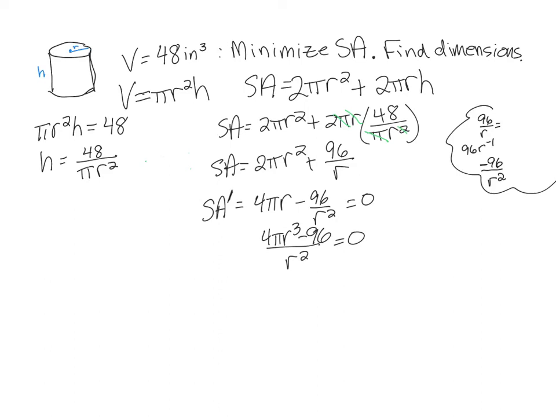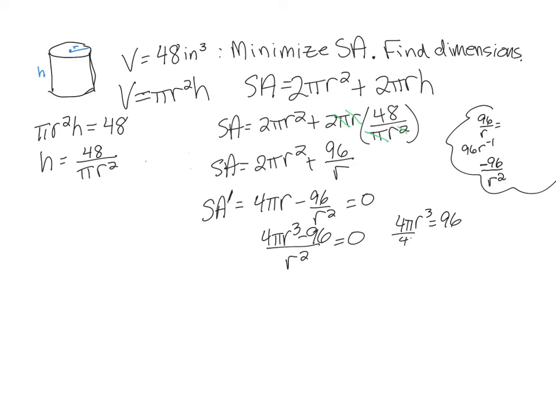Only the top can make it equal 0. So this is the only thing I have to worry about. The radius is never going to be 0. So I'm going to get 4 pi r cubed equals 96.